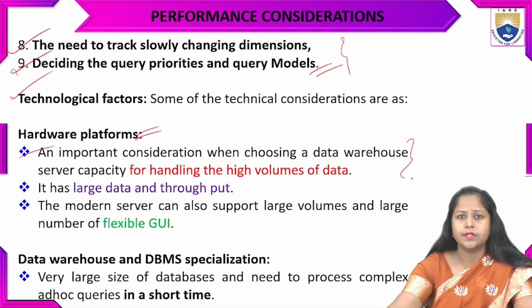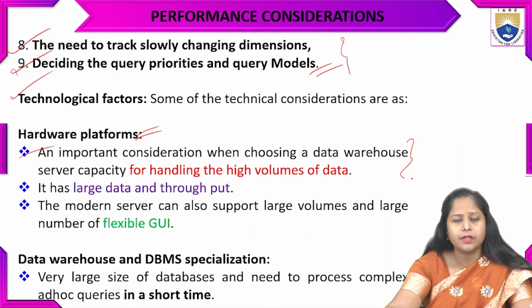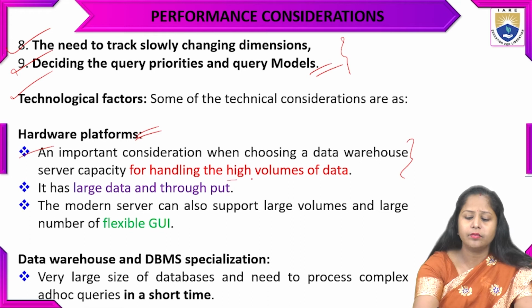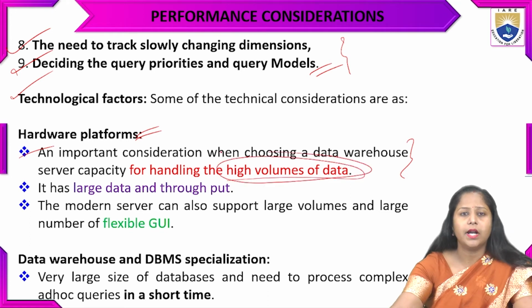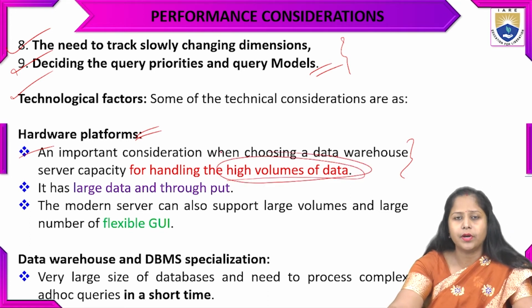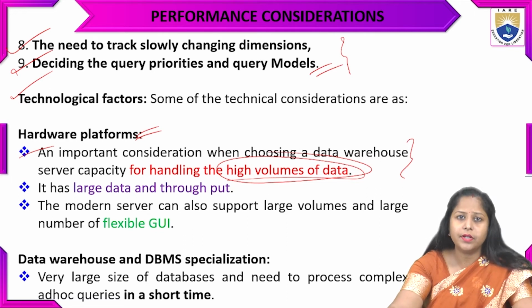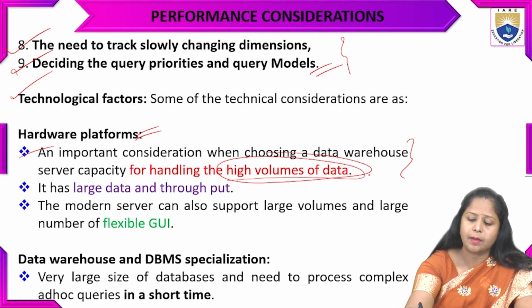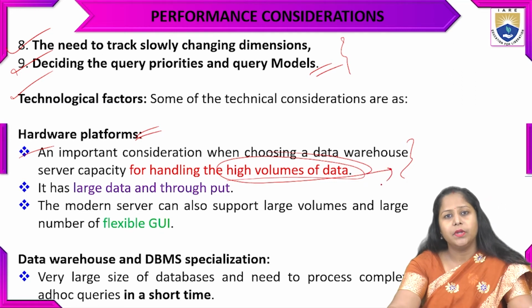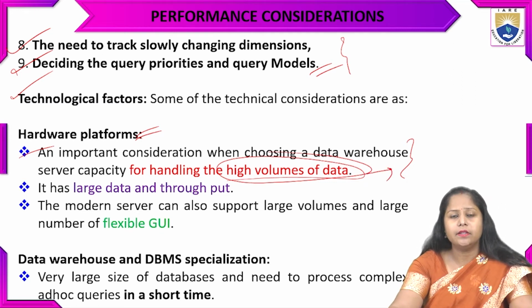We need to check the capacity of the data server, because it needs to handle a high volume of data. So the hardware platform will be very important, because we have a large volume of data. We need to choose the right server and server capacity, because of the large data and throughput.